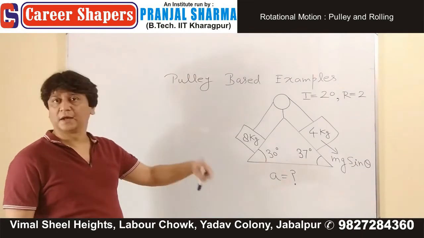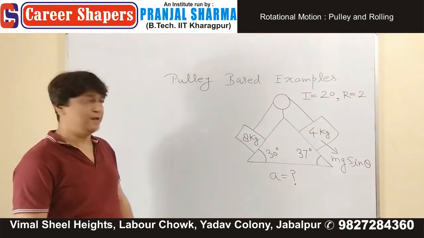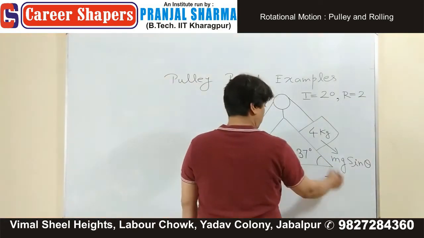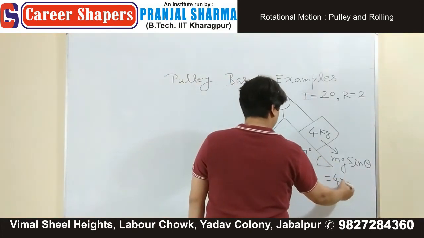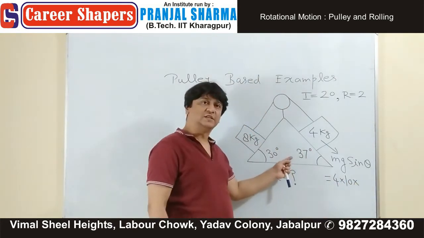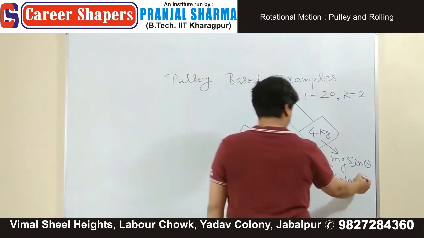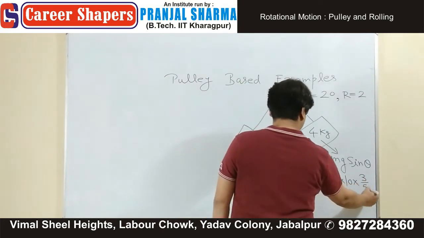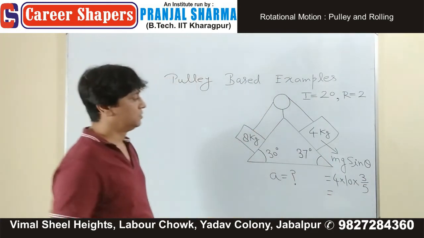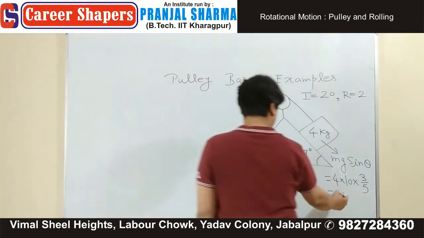Along the incline, the component that works for us is mg sine theta, which is 4 into 10. Theta is 37. What is sine 37? 3 by 5. This is coming 5, 2, 8, 3, 24.